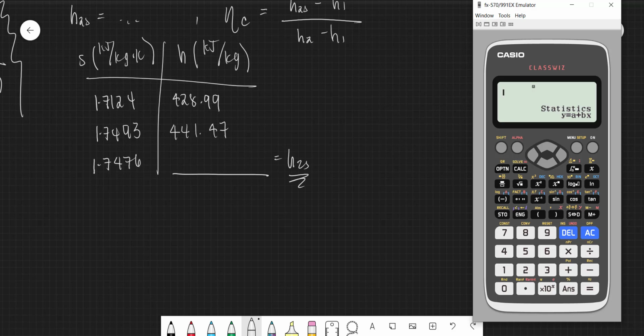Type in the entropy 1.7476. Select Option. Press down. Select Regression and select number 5. And then press equals, and there we have our H2S that is equal to 440.8950.